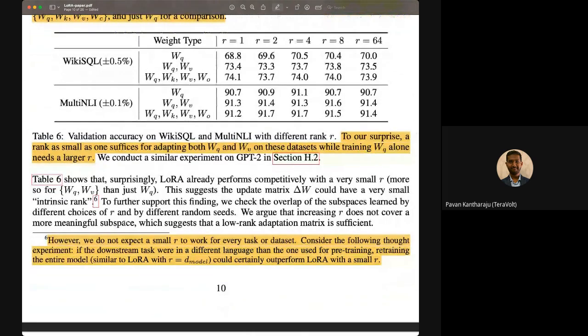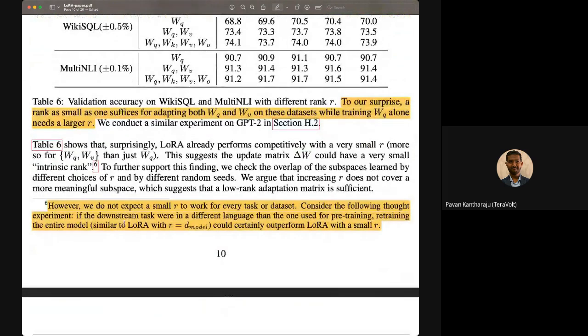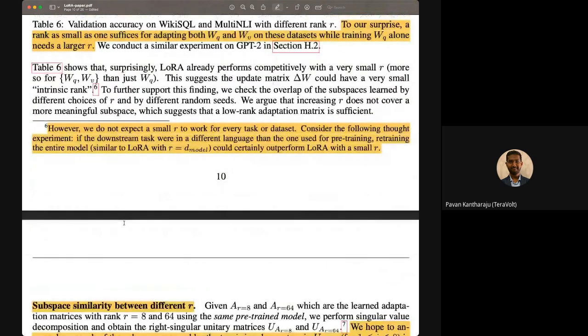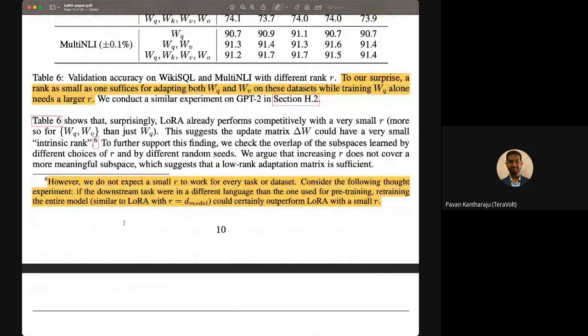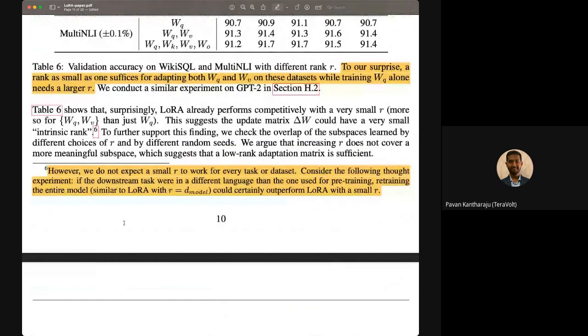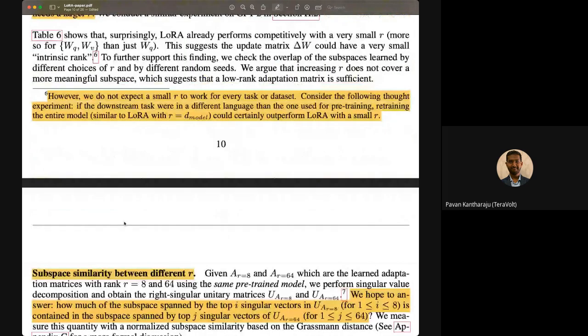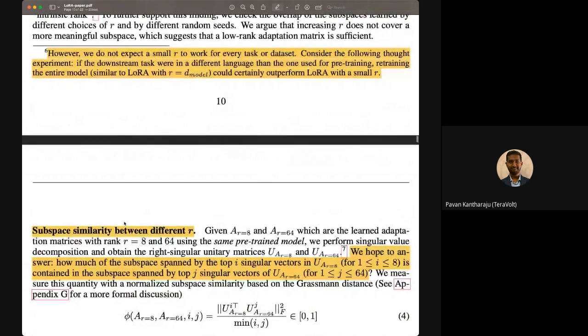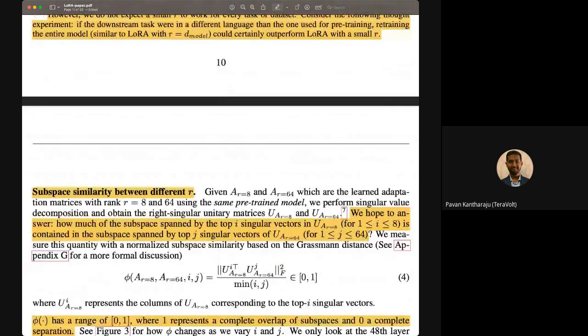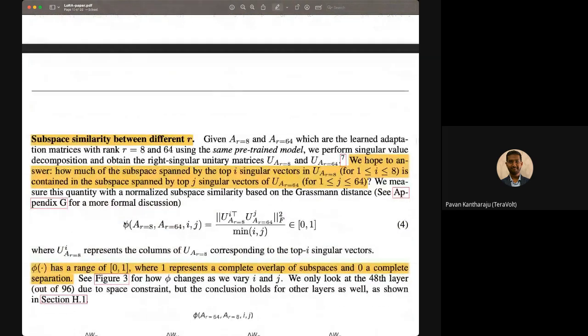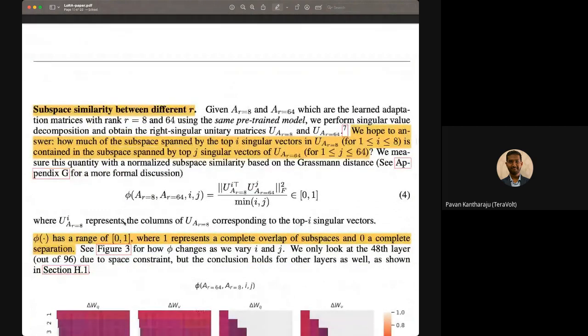So with that, they do 2 additional experiments. They take a rank of 8 and 64, and they look at the subspace similarity between these 2 ranks.